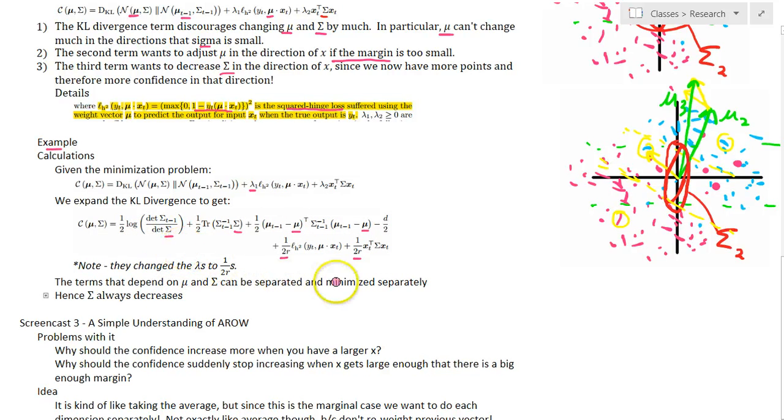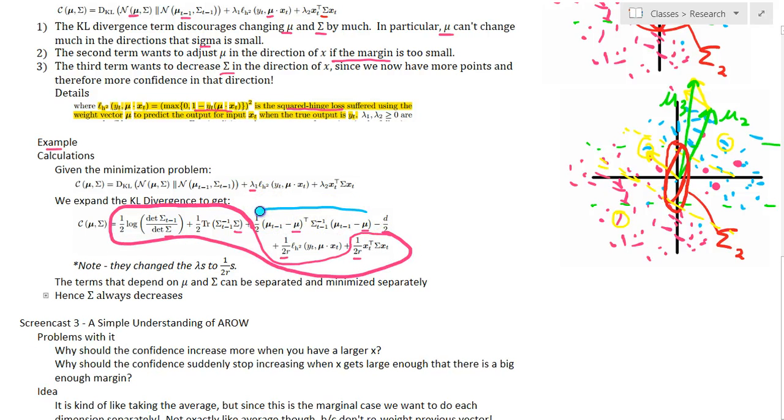So we'll have these terms together, and we'll have these terms together. And this term doesn't matter. I'm not sure what D is. Let's ignore it. So we can minimize mu and sigma separately.